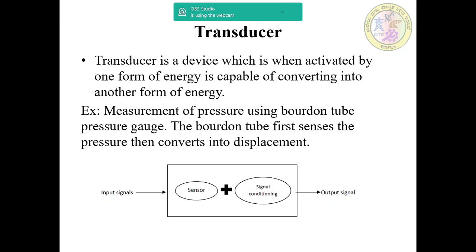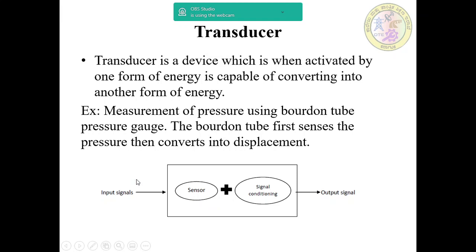A transducer is a device which, when activated by one form of energy, is capable of converting it into another form of energy. For example, we will take measurement of pressure using a Bourdon tube pressure gauge. Here the Bourdon tube first senses the pressure, then converts it into displacement. And this is the sketch of the basic concept of a transducer.